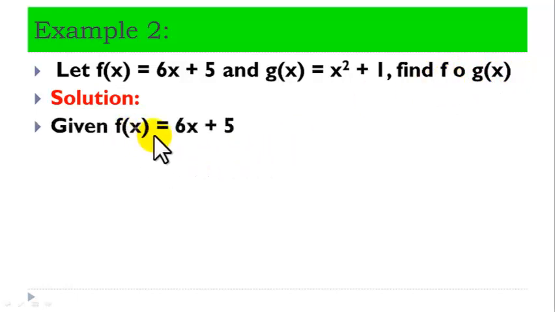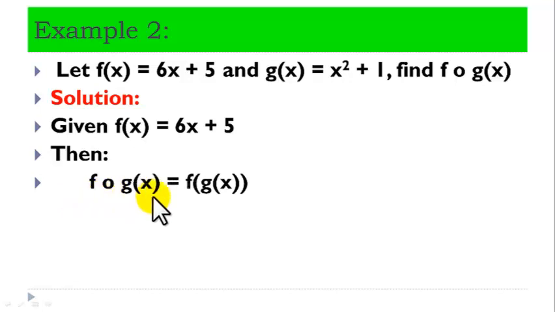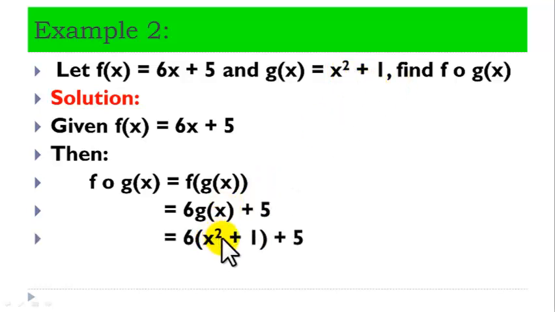So given f of x equal to 6x plus 5, then f∘g of x is equal to, in place of x, we put g of x to obtain f of g of x. And this is equal to 6 times g of x plus 5. But g of x is x squared plus 1. So this is equal to 6 times x squared plus 1, then plus 5. Opening this bracket, we will obtain 6x squared plus 11.